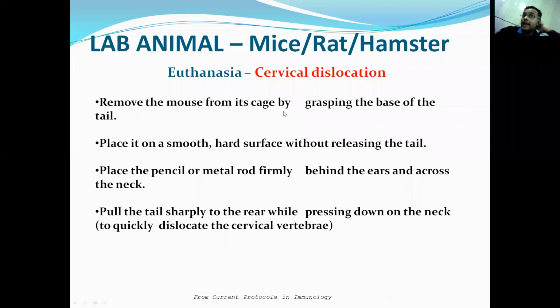On the neck side, you place a pencil or metal rod. Then you firmly pull the animal backward while keeping the pencil or metal rod on the front side. That will dislocate the cervical joint and lead to the death of the animal.